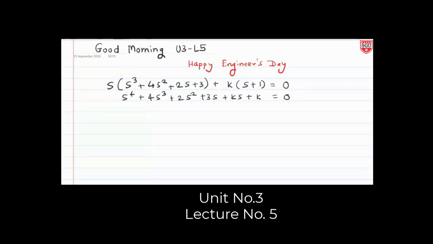What you will observe here is that this is 3s and this is ks. They have the same factor, that is s. So I can write s raised to 4 plus 4s cube plus 2s square plus (3 plus k) into s plus k is equal to 0. Now this is our equation number 1, to which we will apply the routes array.